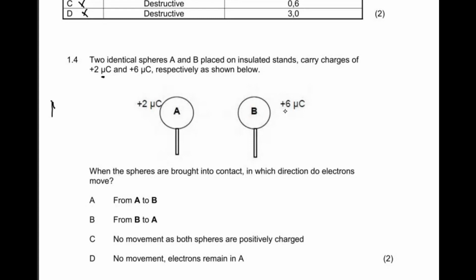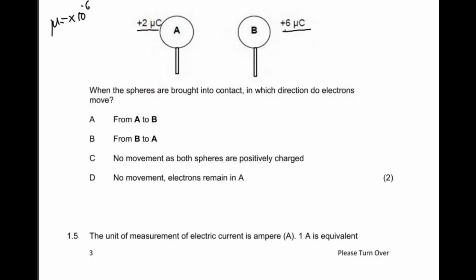Micro, remember, just means multiply by 10 raised to the negative 6. So sphere A has a positive charge of 2 microcoulombs and sphere B has a positive charge of 6 microcoulombs. When the spheres are brought into contact, so they touch each other, in which direction do electrons move?